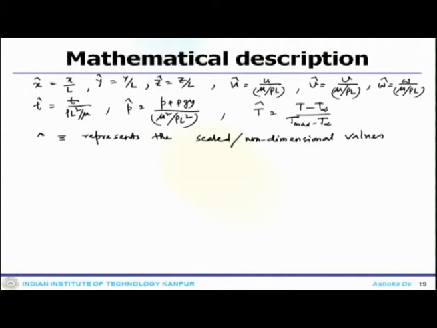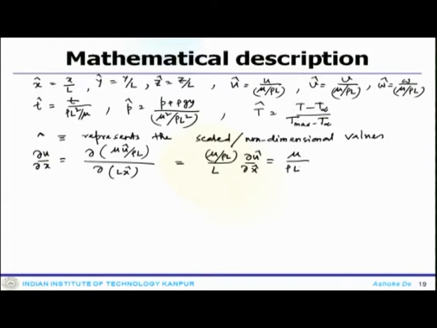Now, if you put them back together, for example, let us say if I take the first derivative, del u by del x, which is essentially going to be del of mu u hat divided by rho L x hat. So, if you take that mu by rho L outside and L outside, this will become del u hat by del x hat. So, essentially this is mu by rho L square del u hat by del x hat.